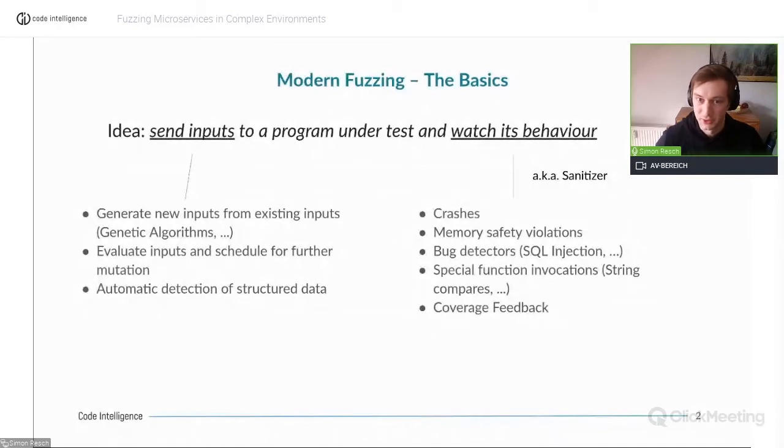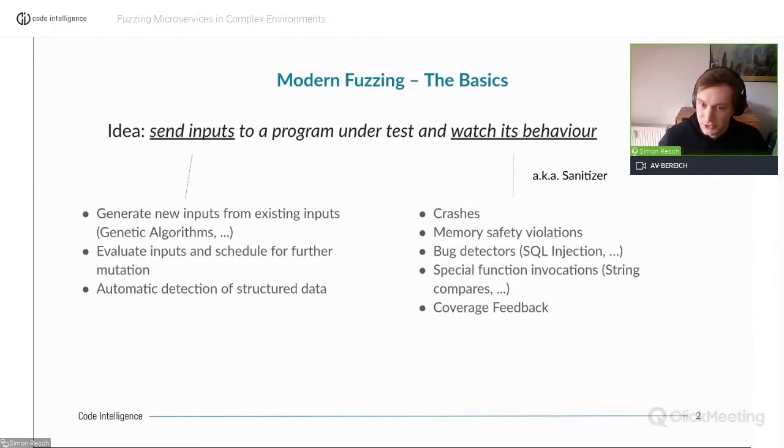Then what the fuzzer also usually does is keep track of special functions that have been called. A good example is when two strings are compared. You can note down the string that it's being compared to, and the fuzzer can use this to generate new inputs that might pass the string comparison if it's happening inside an if statement.